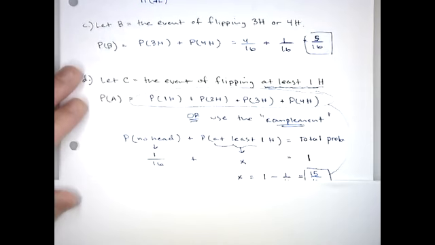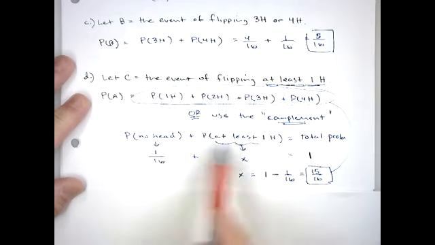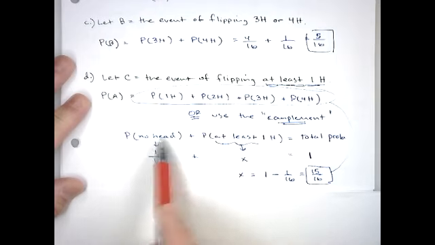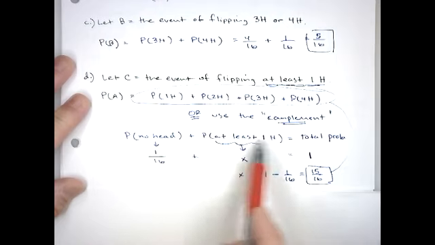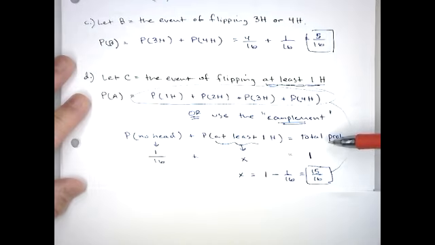Now, in the context of probability, the probability of getting no heads plus the probability of getting at least 1 head, since that's all that can happen in terms of heads, that has to equal the total probability, which is going to be 1, right? There's 16 possible outcomes. So all of the possibilities would be 16 out of 16, okay?